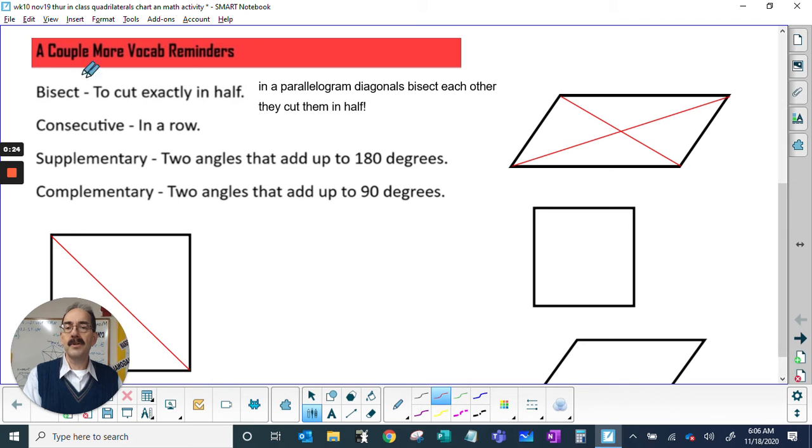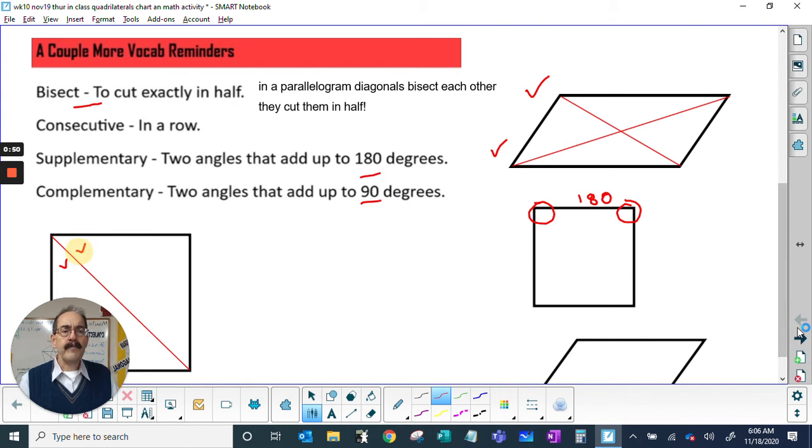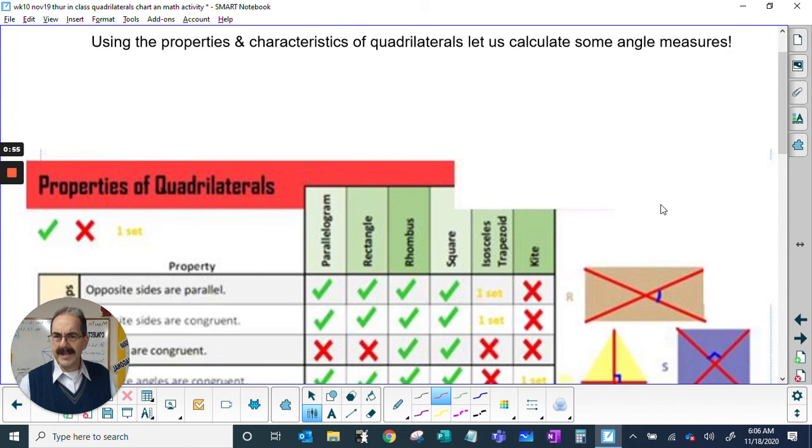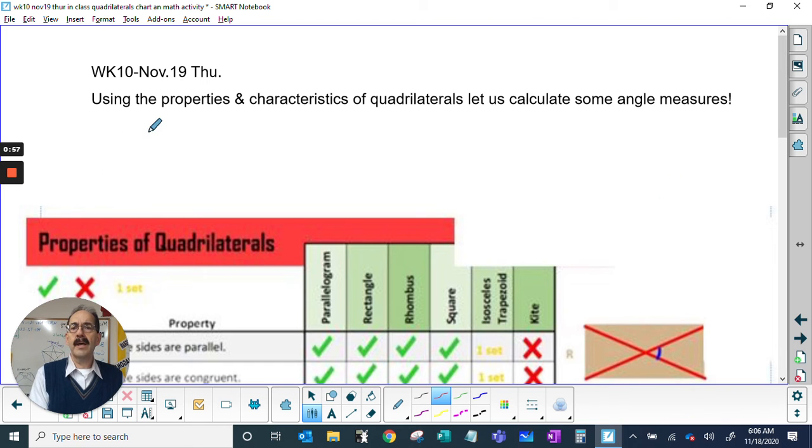So we know how to cut things in half with a diagonal, consecutive means in a row, supplementary is two angles that add to 180 degrees, and complementary angles are two angles that add to 90.